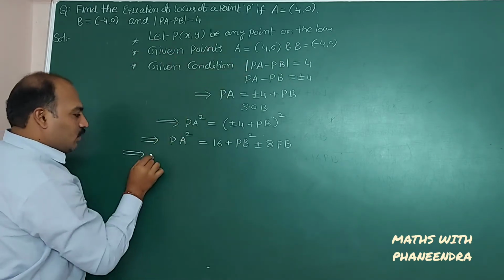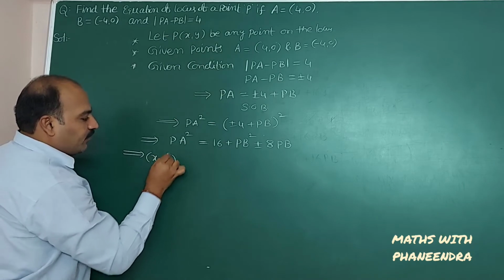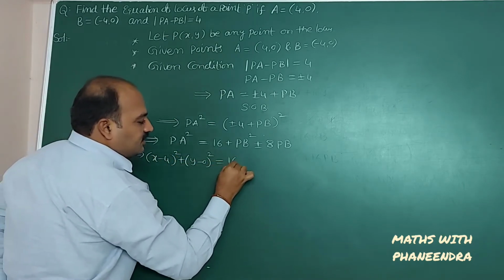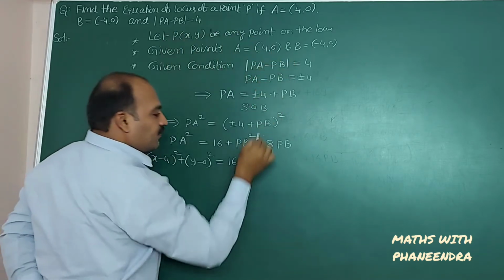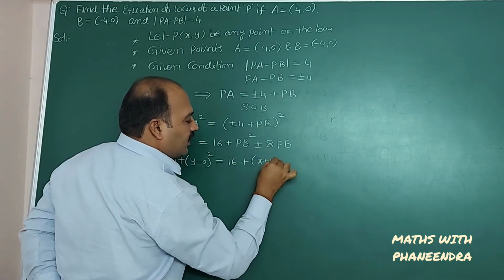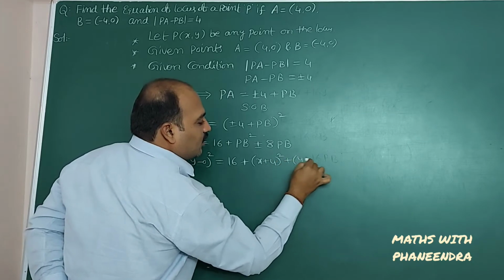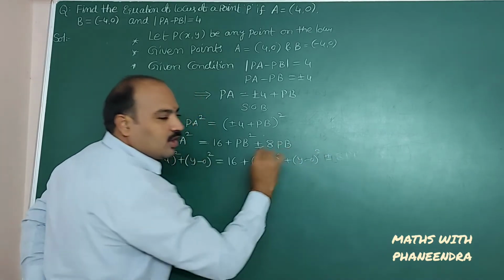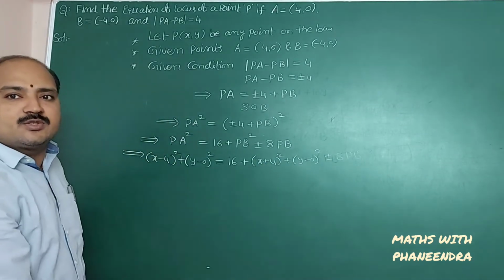So (x minus 4) whole square plus (y minus 0) whole square is equal to 16 plus PB square, (x minus of minus 4, x plus 4) whole square plus (y minus 0) whole square, plus or minus 8 PB. We cannot disturb the term, we can write like this only.